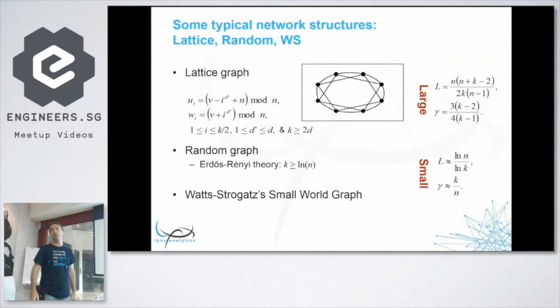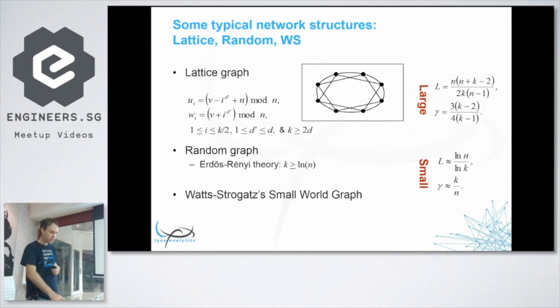They said this is a small world graph, the Watts-Strogatz small world graph, and that our world is like that. Every example of graphs, like the calling circles of a network operator, the internet, where the pages are connected to each other with hyperlinks, Facebook or LinkedIn, which is a social network, all these structures, all these topologies are Watts-Strogatz type small world graphs, because the characteristic length is small, but the clustering coefficient is high.